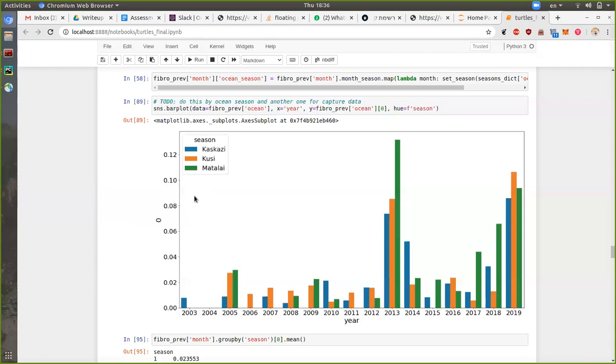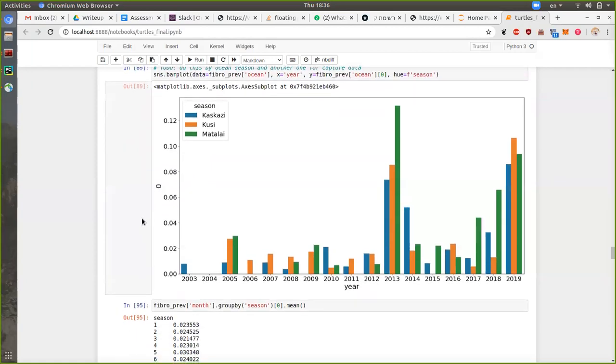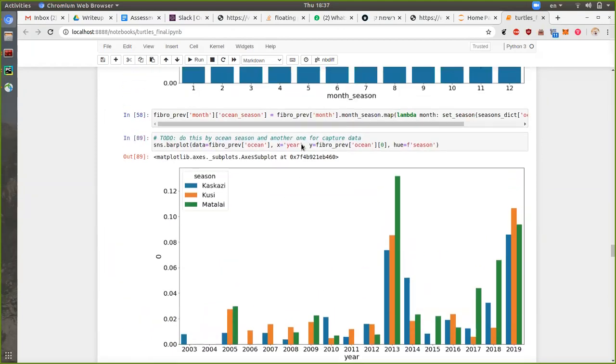Because now we have nothing. And then I've just remembered, on this bar graph here for the seasons that we're looking at, we also need error bars on it. Error bars, cool. Yeah, to account for the noise, especially in places like Matalai and so on. So like monthly error bars, right?